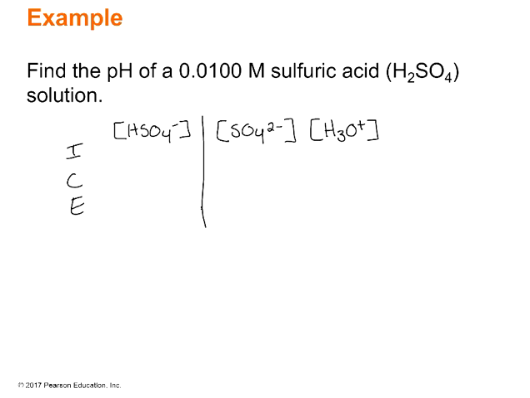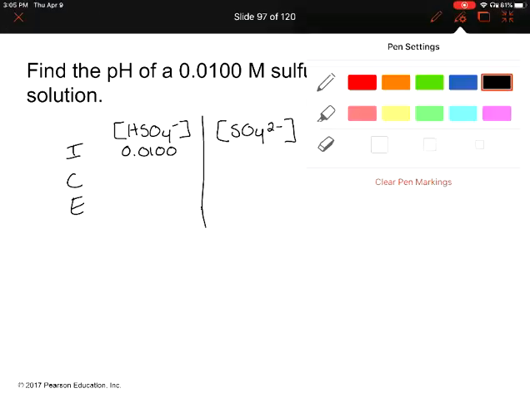Okay, and we already said that in the second step, we're starting with 0.01 moles per liter of hydrogen sulfate. And we're also starting with 0.01 moles per liter of hydronium ions. And again, those are coming from step 1.